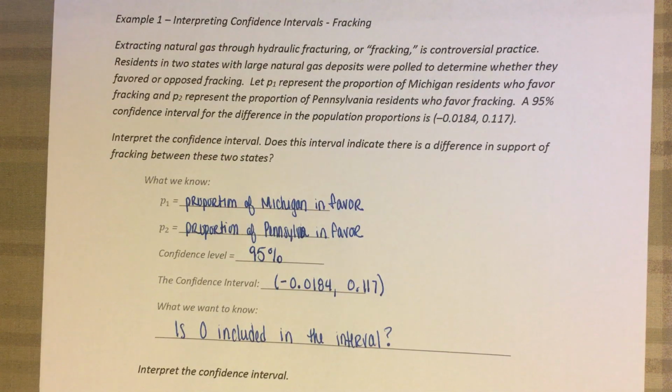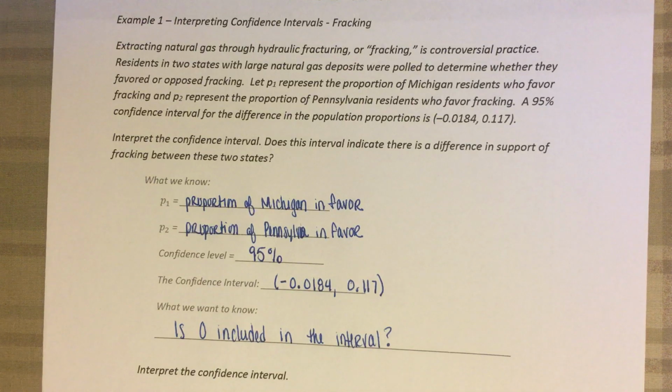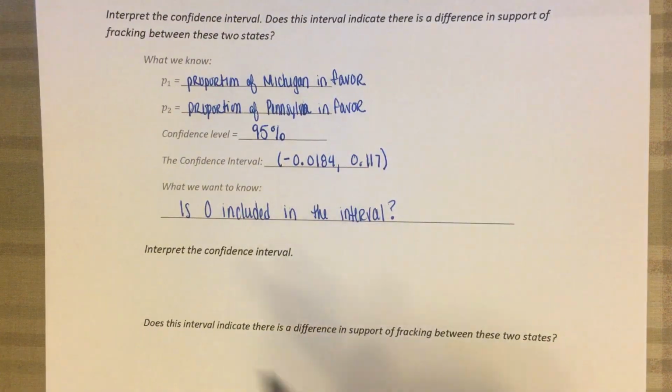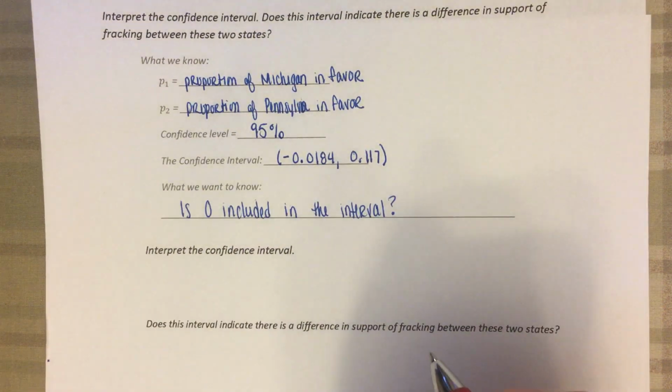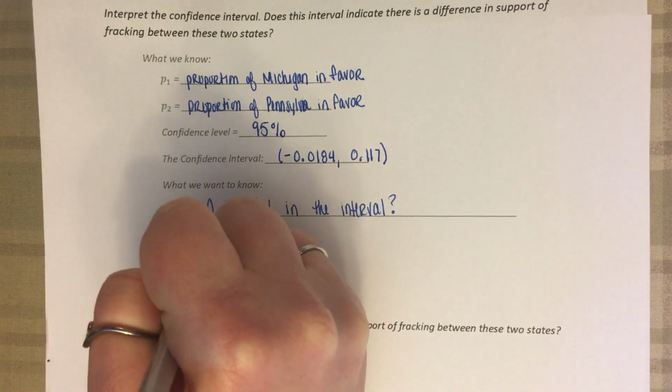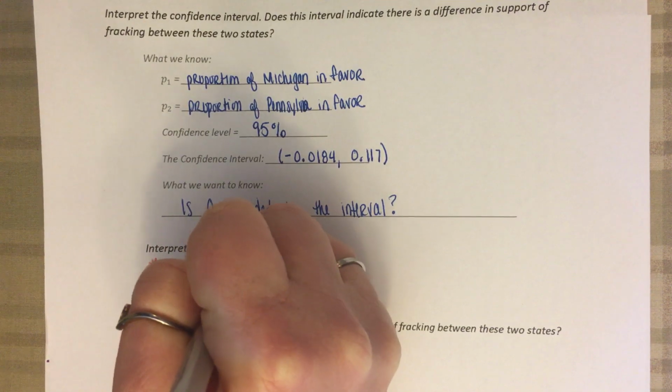Looking at this particular confidence interval, it goes from negative 0.0184, or about negative 2%, to 0.0117, or positive 1%. Since we have one negative number and one positive number here, our confidence interval does include 0. So for our interpretation, we say the confidence interval includes 0.